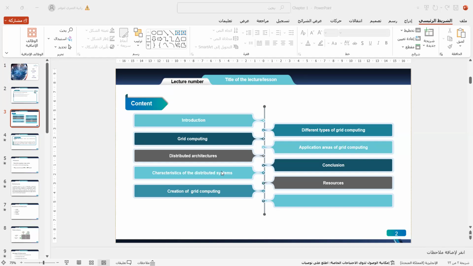After that, we will learn how to create a grid computing by highlighting also the different types of grid computing. And finally, we will highlight some application areas of grid computing.